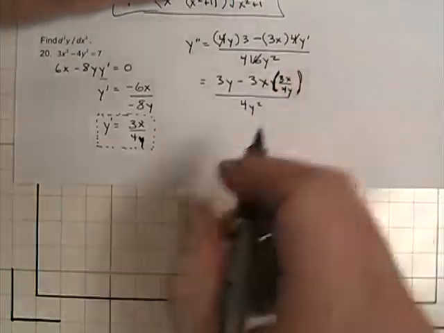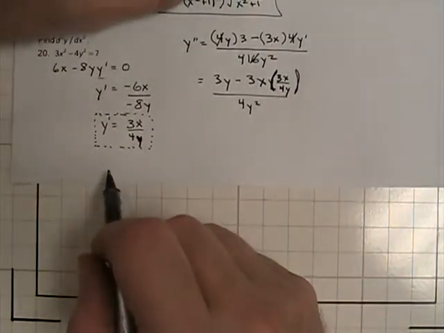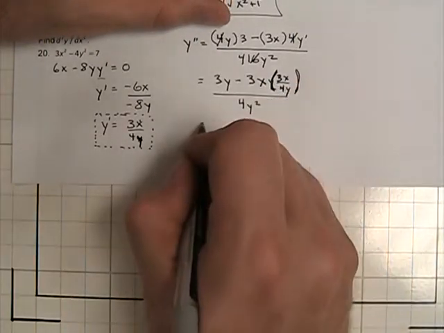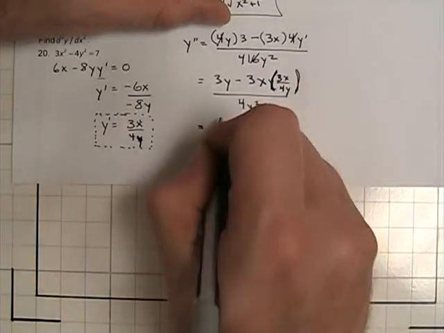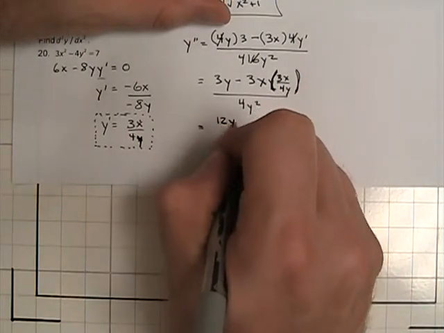So let's go ahead and see if we can get this fraction together, get rid of our complex fraction here. So we'll multiply both sides times 4y. So now we've got 4y times 3y, 12y squared.